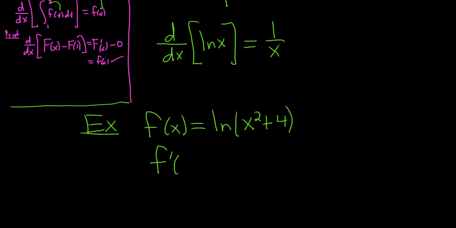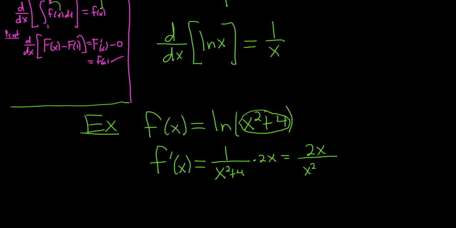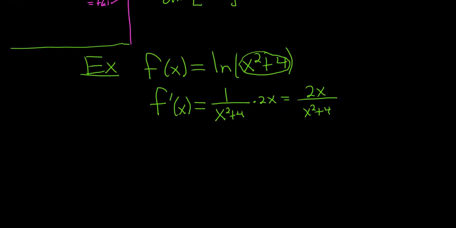So f prime of x is 1 over whatever you see here, so 1 over x squared plus 4, times the derivative of the inside, so times the 2x. You would just get 2x over x squared plus 4. And that's it.